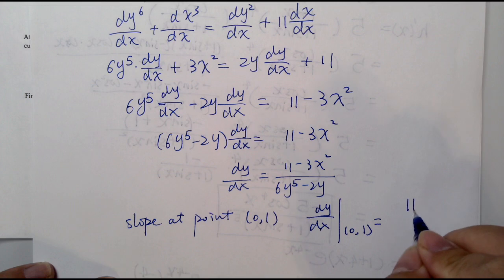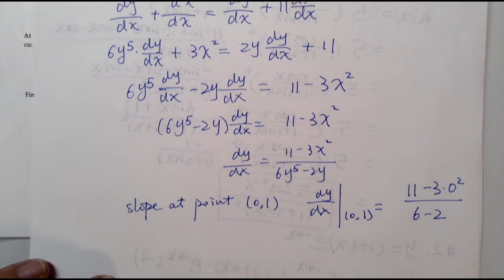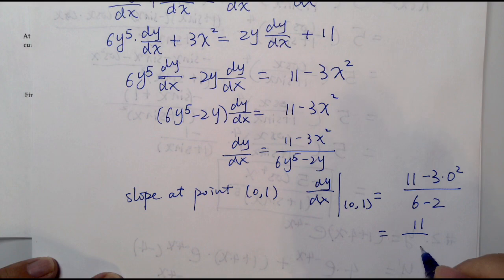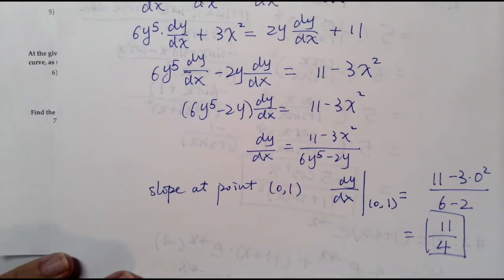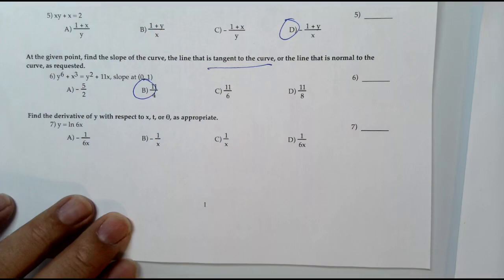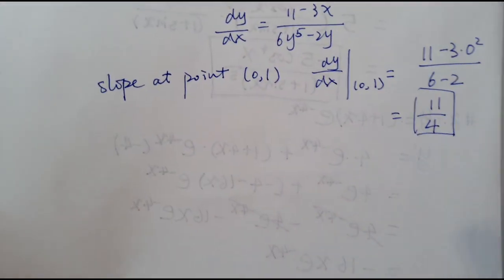So you're going to have 11 minus 3 times 0 squared, right, over 6 minus 2, right? That is 11 over 4. That's the slope. So if you go back and look at our answer, 11 over 4, the answer is going to be B. Okay. All right. So that's number 6.